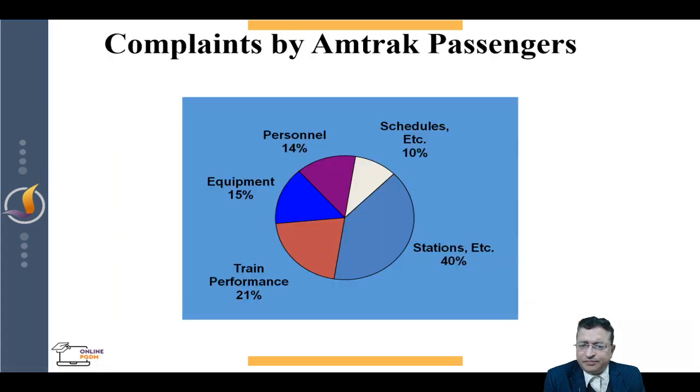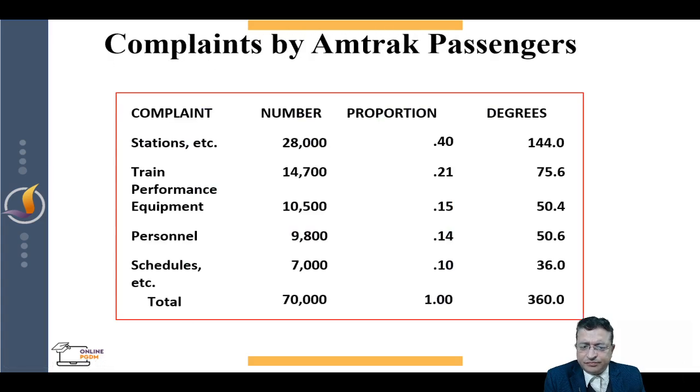For example, we have data related to complaints by Amtrak passengers. So this is one of the local trains, or you can say the metro kind of thing in the US. We have different types of complaints.